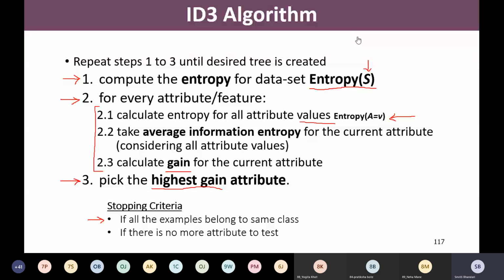I hope you have at least a brief idea about the ID3 algorithm. I'll be giving you a few of the details about the entropy and the formulae, how we are going to compute those entropy values, the information and the gain.